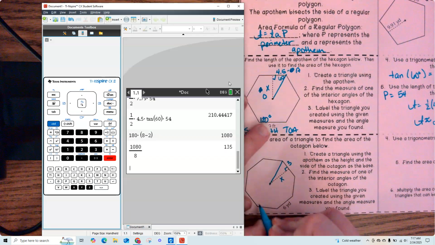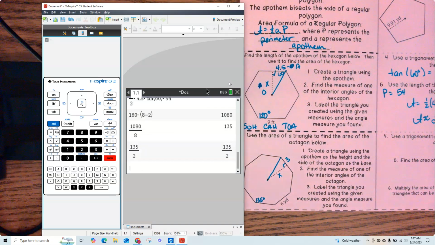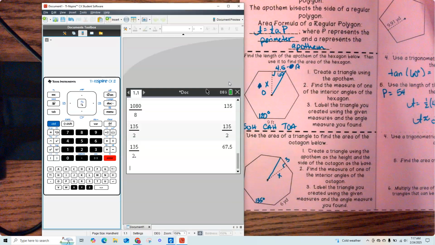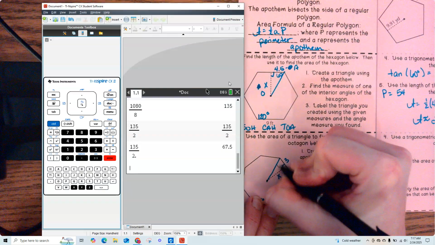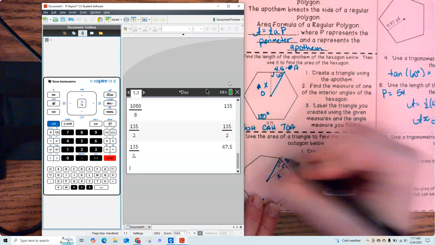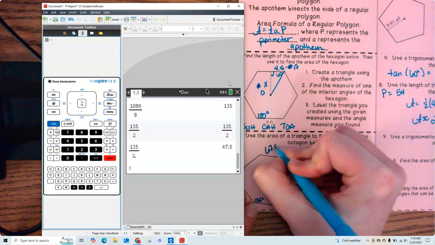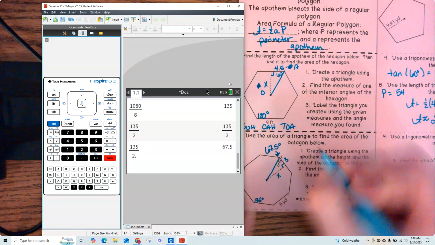So one angle on the inside here measures 135 degrees. We cut it in half for that triangle, and so we get 67.5 degrees. So I know that's still kind of small. 67.5 degrees is the measure of that angle.